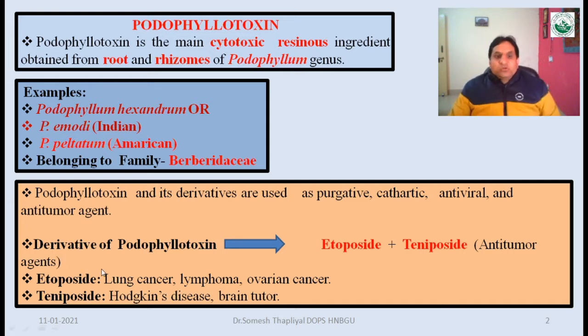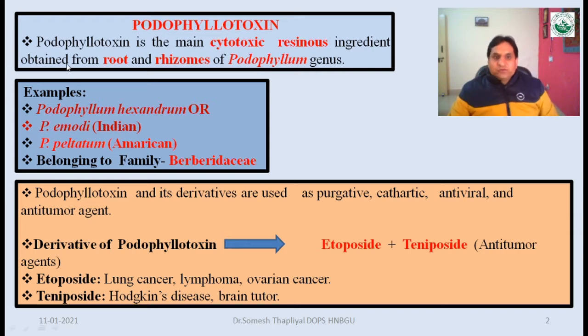There are two derivatives, etoposide and taniposide, commonly used as anti-tumor agents. Etoposide is useful in the treatment of lung cancer, lymphoma and ovarian cancer, whereas taniposide is useful in the treatment of Hodgkin disease and brain tumor, and Hodgkin disease is a form of blood cancer.